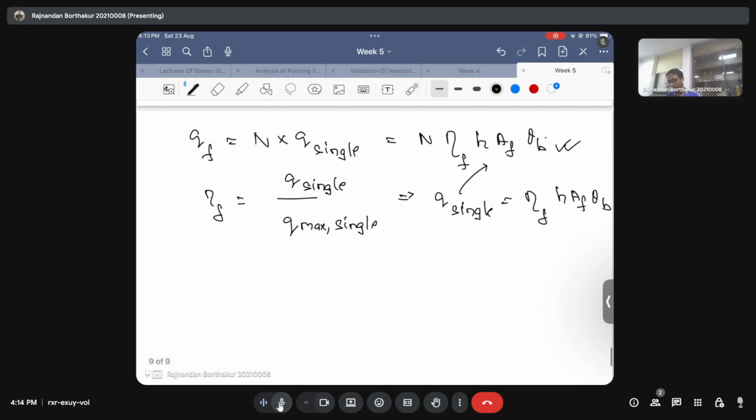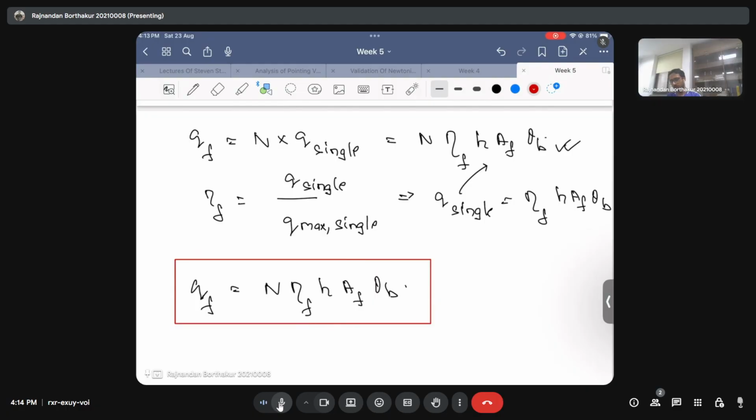So this Qf, the rate of heat transfer from the fin assembly, is n times the rate of heat transfer from a single fin, which is n times eta f times h times Af times theta b. That's it. This means we have got an expression for Qf.